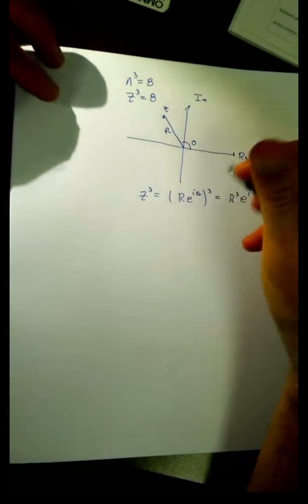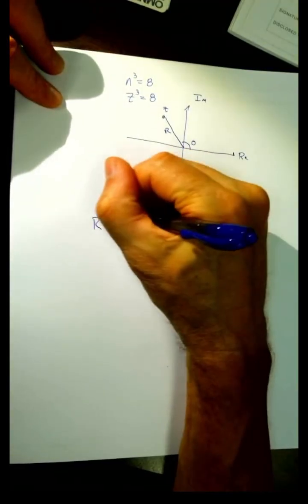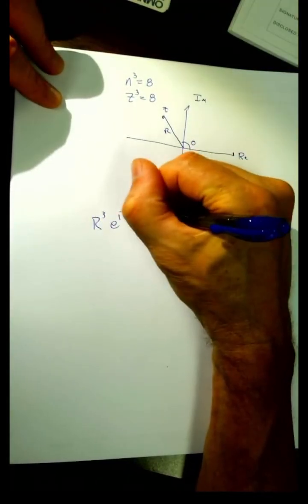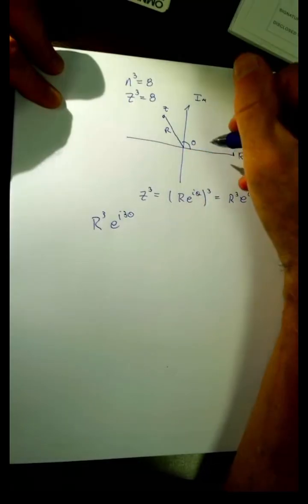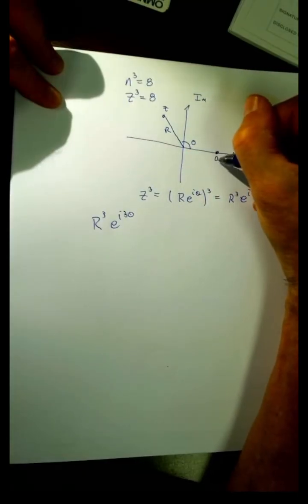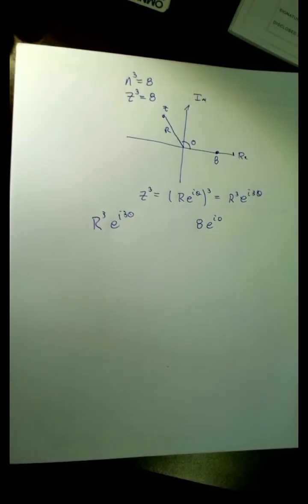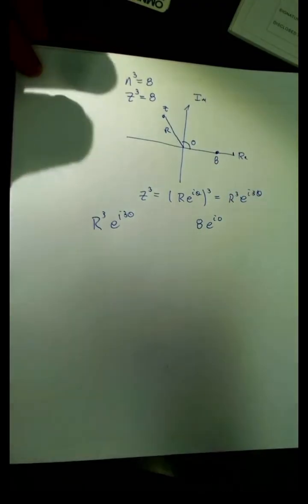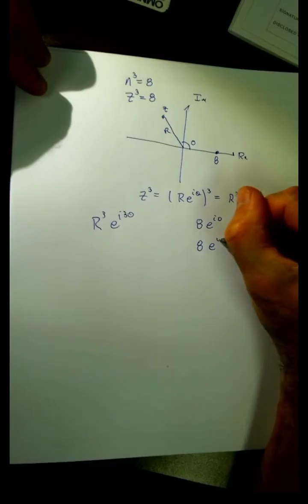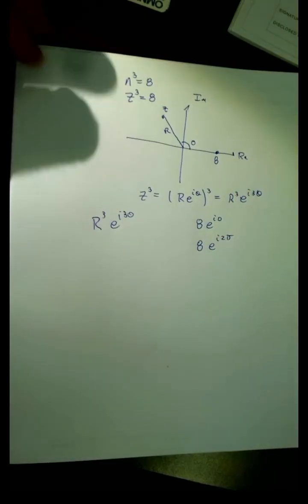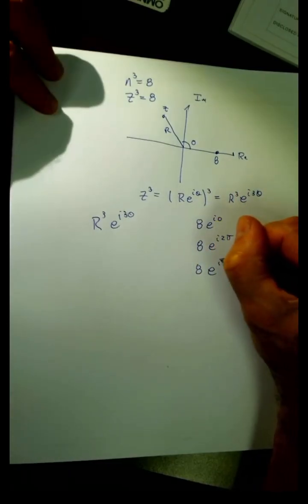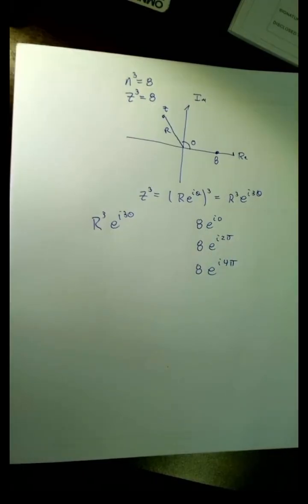Okay? And so here's the thing. I've got r cubed e to the i 3 theta. And in terms of this number 8, I can think of this as 8 e to the i 0, no revolutions. I can think about it as 1 revolution around, or I can think about it as 2 revolutions around.